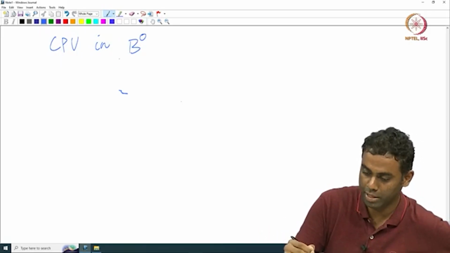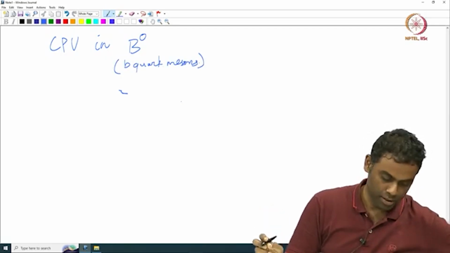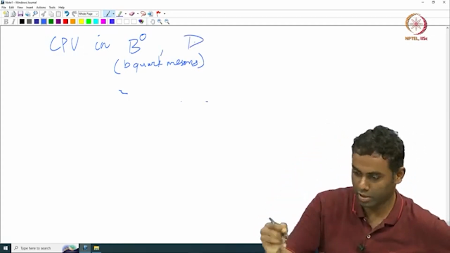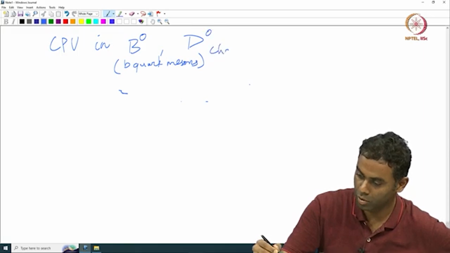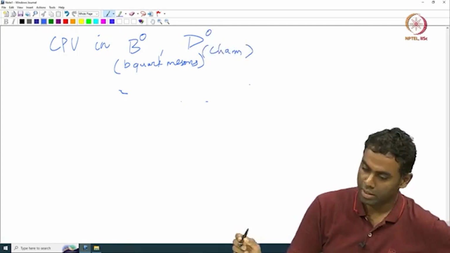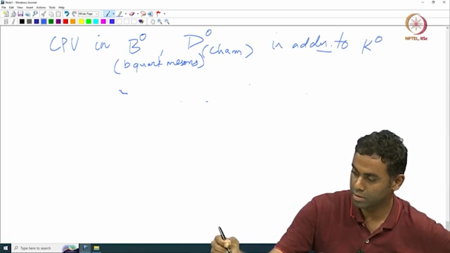What are B0s? They are mesons that contain B quarks. Okay, so B systems, D systems. Okay, what are D systems? They contain the charm quark, and so on, in addition to K systems.